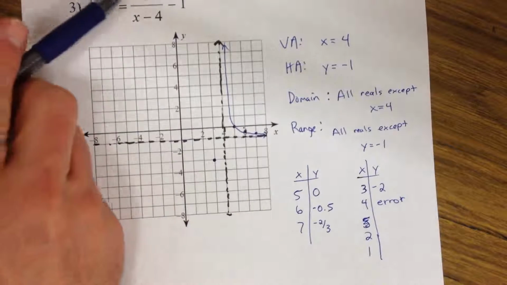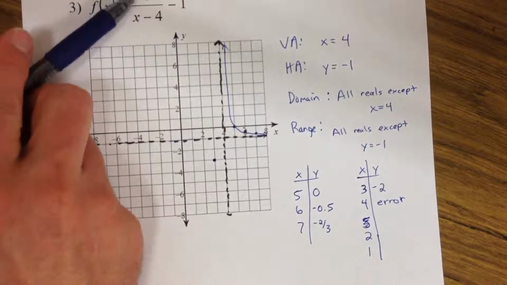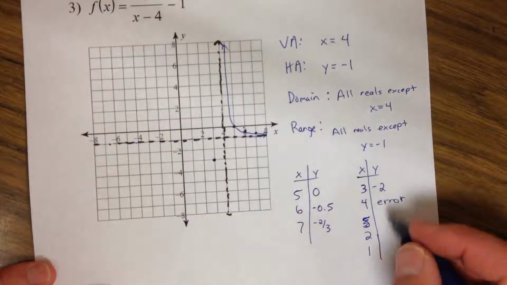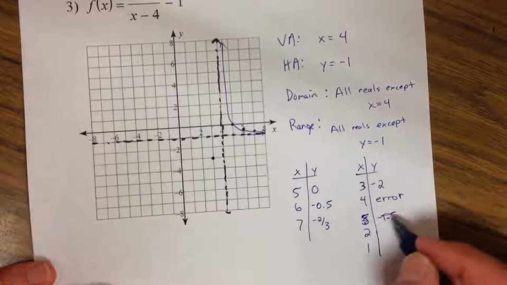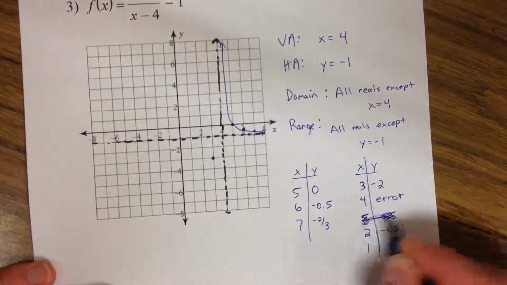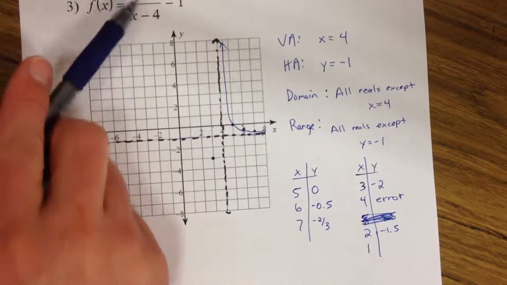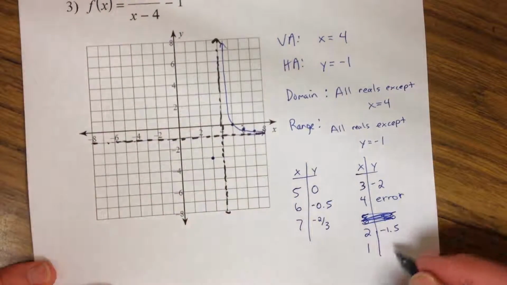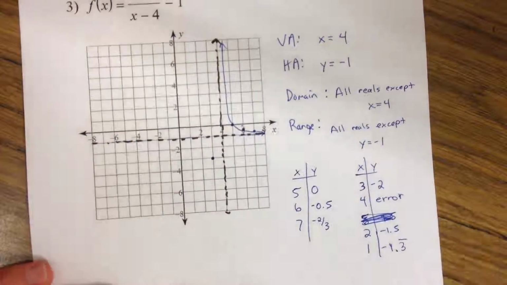So when I plug in 2, 2 minus 4 is -2, so 1 over -2 is -1/2, minus 1 is -1.5. Plug in 1, I get -1/3 here. -1/3 minus 1 is -1 1/3, or -1.33 repeating.